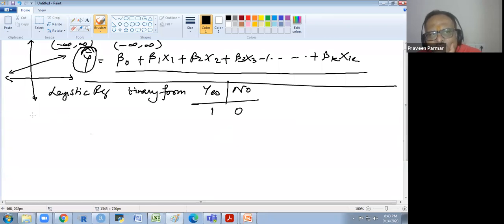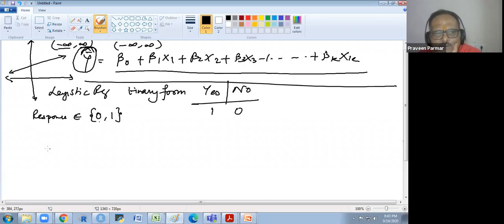You require the response in 0 and 1. It is the set of 0 and 1.